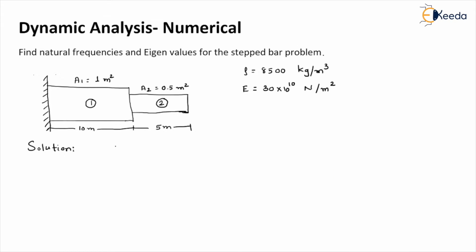We can get the solution by the governing equation we have: stiffness matrix minus omega square mass matrix into displacement is equal to 0. Here we have considered free vibration.